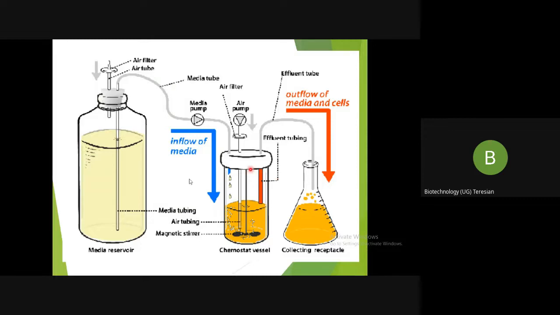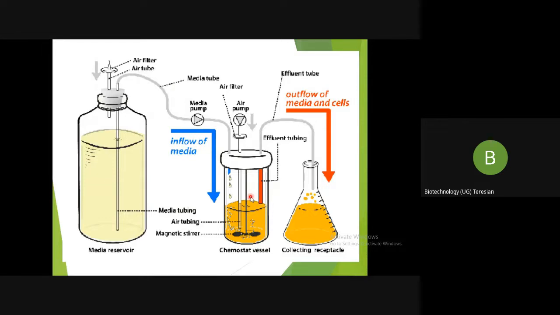The rate at which media flows into the vessel, related to the total volume of the medium within the vessel, is known as the dilution rate, which is represented as D. Once again, the media that flows into the vessel is related to the total volume of the medium within the vessel as the dilution rate. It is represented as D.